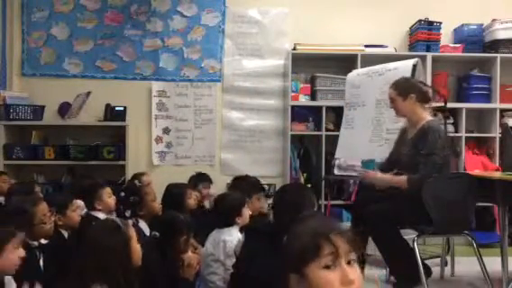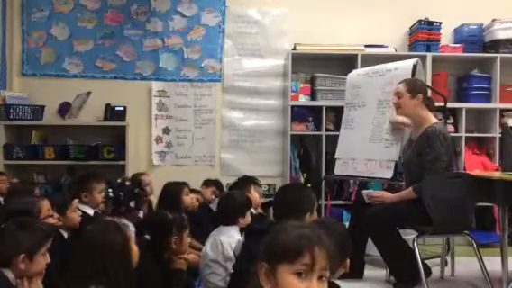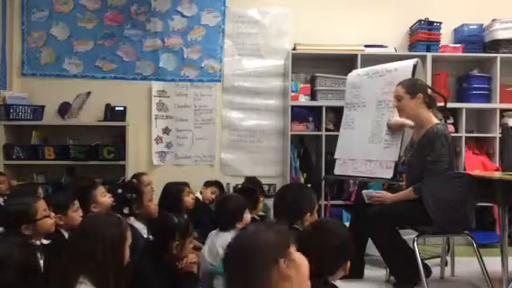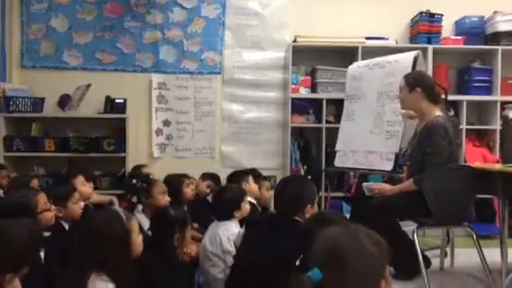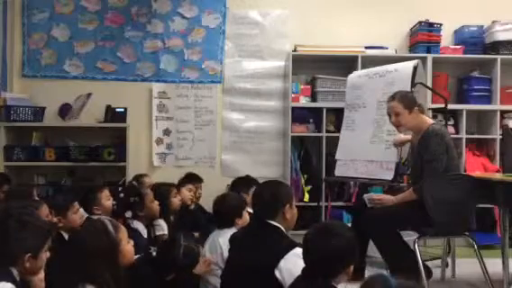I like how Jesslyn's eyes are on me. So we can figure out these inside traits about how a person behaves and treats other people by looking at the things that they think in the story, the actions that they do in a story, and the things that they say in a story.